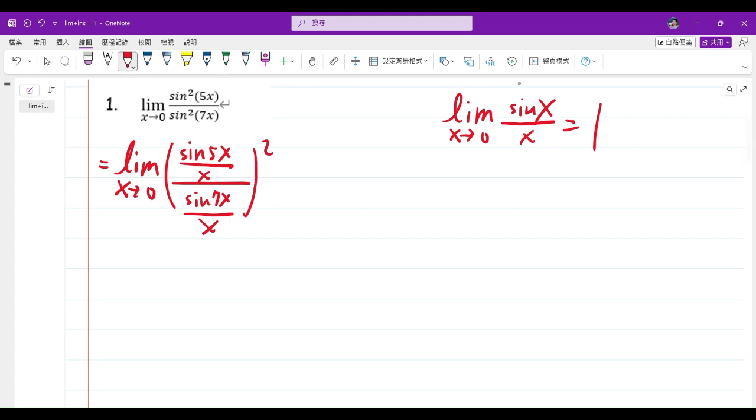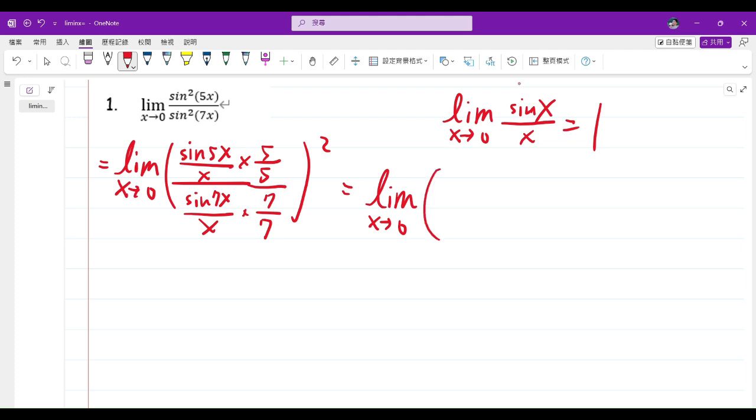So what we're going to do is multiply by 5 over 5, and then 5 over 5 is for the numerator, and 7 over 7 for the denominator, right? So that equals the limit as x approaches 0 of sine 5x over 5x times 5.